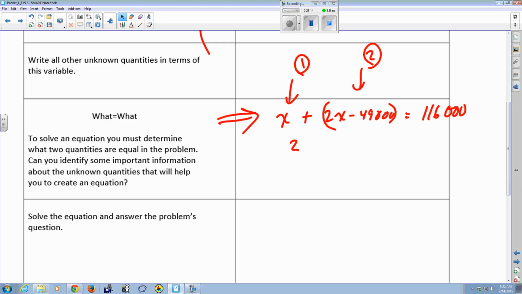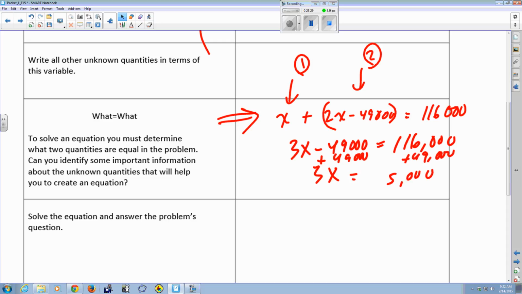So we get 3x minus 49,000 equals 116,000. Hopefully someone out there has a calculator. I'm going to add 49,000 to each side. And 3x equals 165,000, is that correct? X equals 55,000.